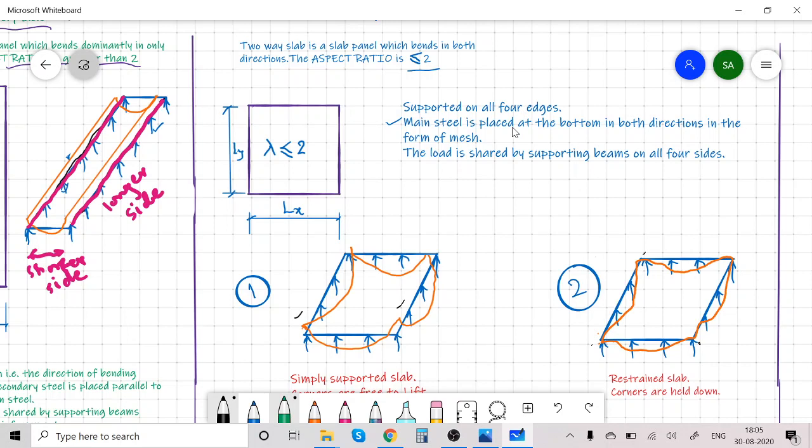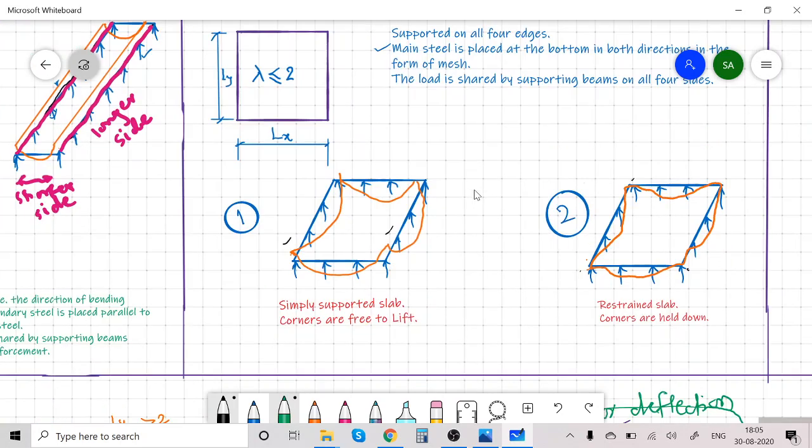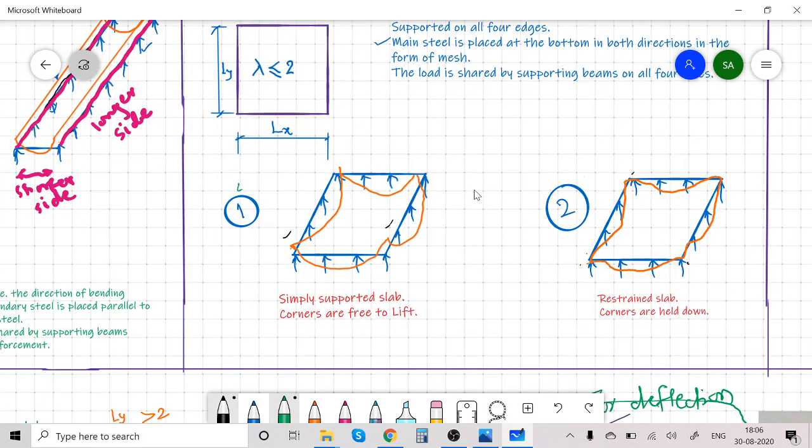And in two-way slab, we get two different types. Type number one, you can see here, the corners are lifted up due to the loading. They are not held down, they are free to lift. So it is known as simply supported slab. Corners are free to lift. Whereas in the second case, corners are in position.